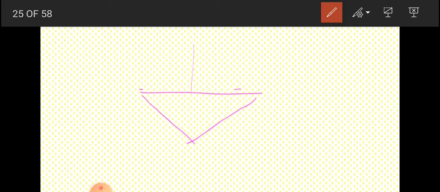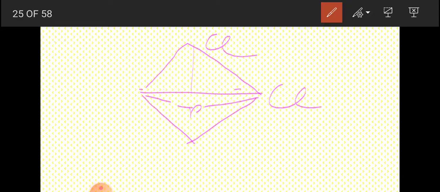This will give a trigonal bipyramidal structure. P will be here, Cl, Cl, Cl, Cl, and one Cl will be here.